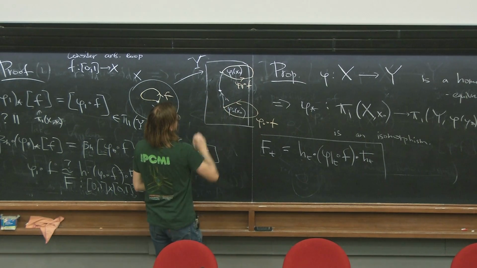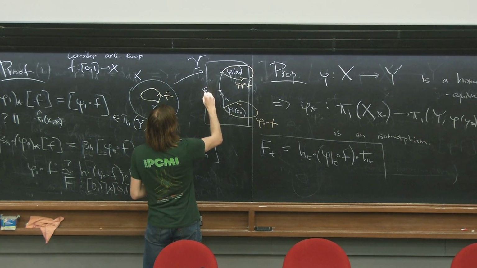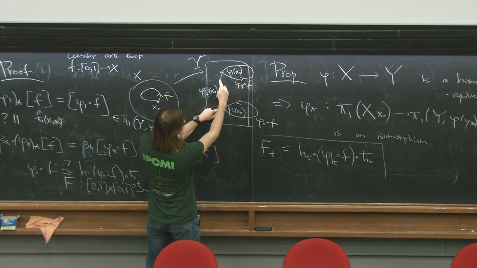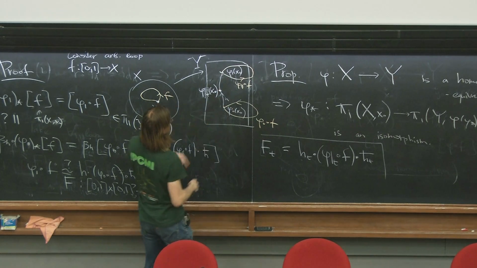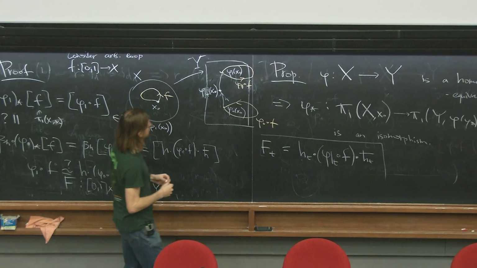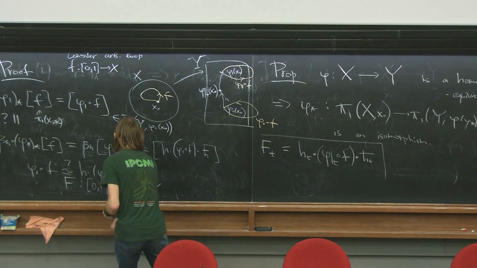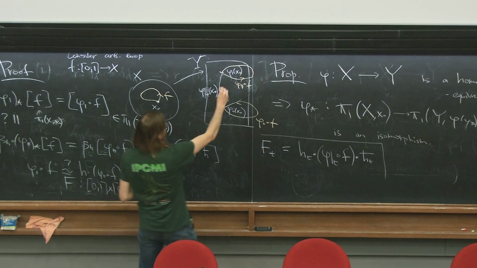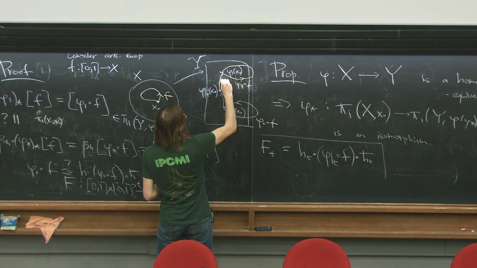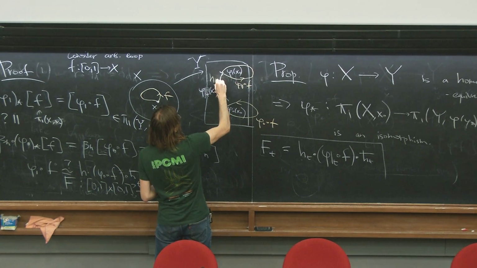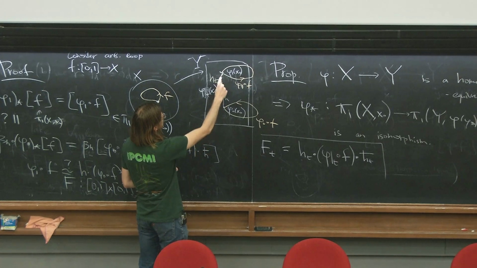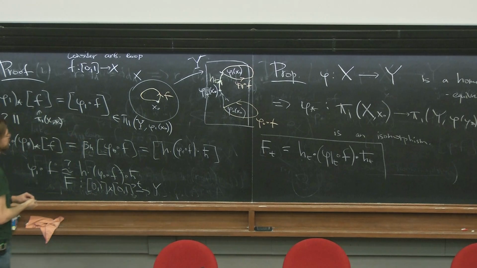We can consider where the base point is mapped at an arbitrary value of t, so this will be phi restricted to t of x0, and it moves from here to here when we change t from 0 to 1. And so we can consider an intermediate position and define for this intermediate position of base points the path h_t, which goes from this base point at arbitrary t to this one.